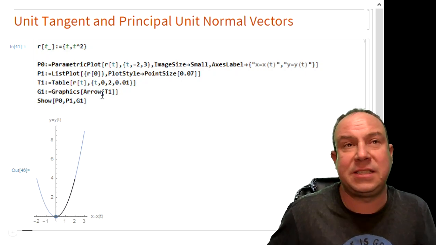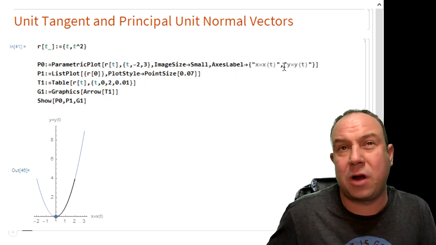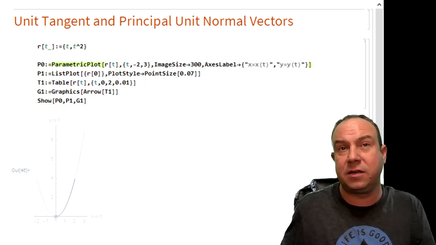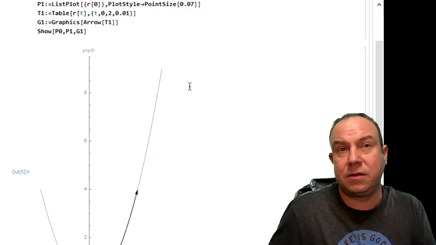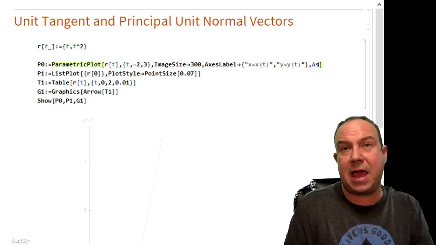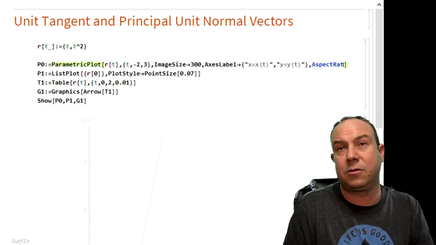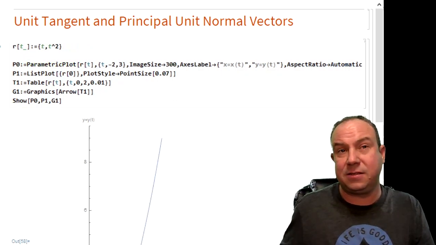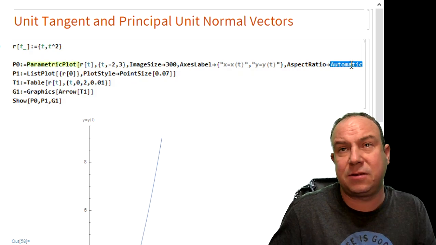It's a little hard to see, and that's due to our image size. Maybe we do want to make this a little bigger. Let's go 300. Right. What might also help our image here is maybe we do aspect ratio automatic and just see how it scales. It's already doing automatic.